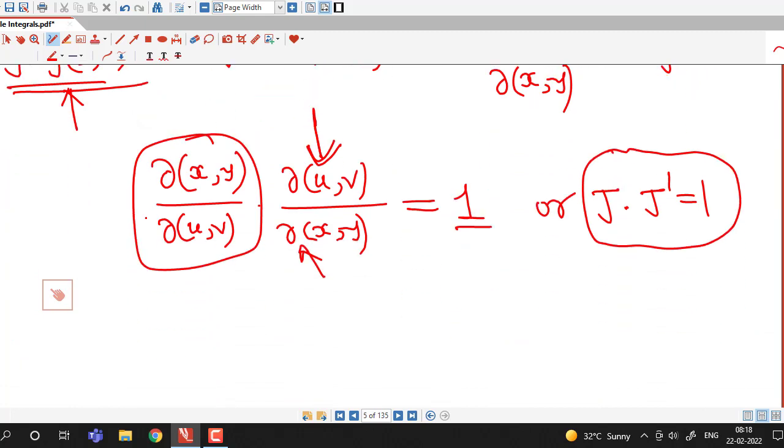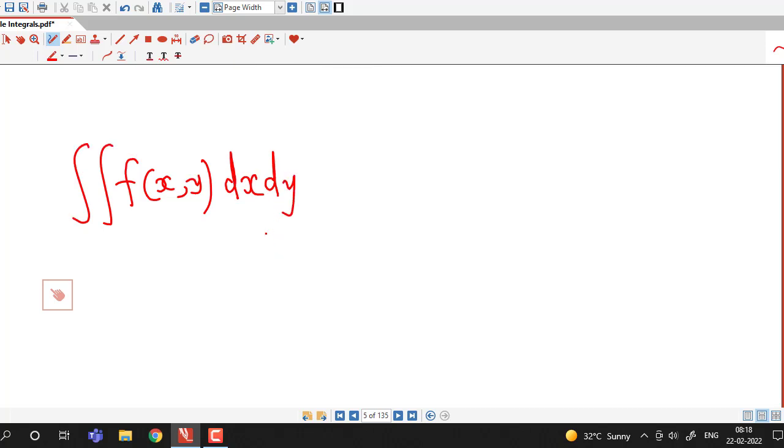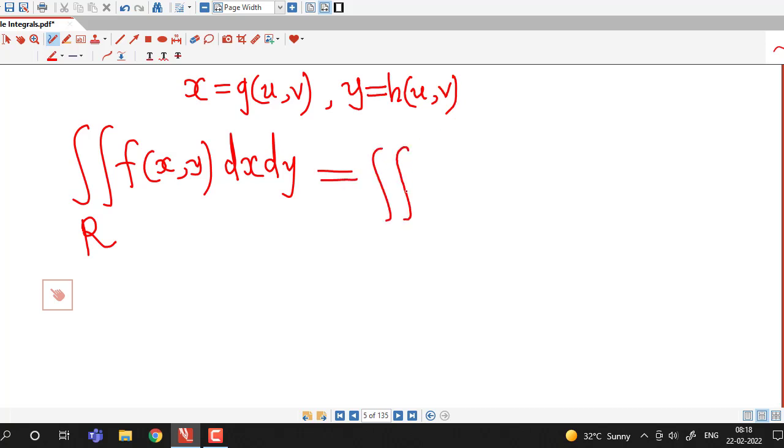So the main thing is how to employ the change of variables in double integrals. So suppose we have a double integral of function f with respect to x and y over some region R, and suppose we are considering this transformation, x is a function of u and v, y is also another function of u and v, then this will be converted into a double integral with respect to u and v.